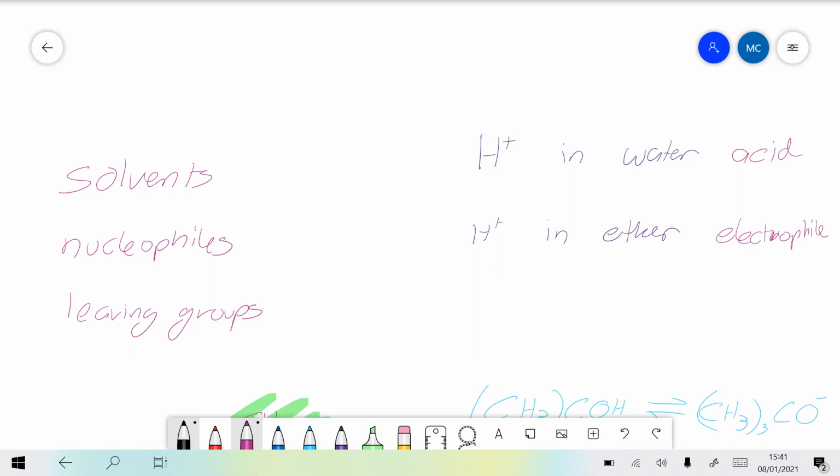And in fact, H plus in water would have a pH, H plus in ether would not. Now, someone pointed out, I think it was before the Christmas holidays, there can be pKa's of organic solvents.